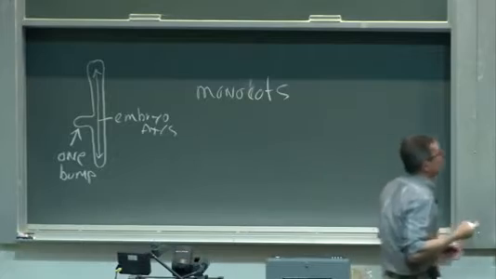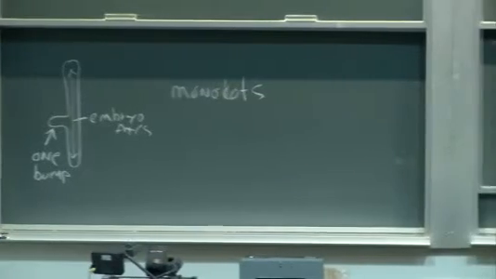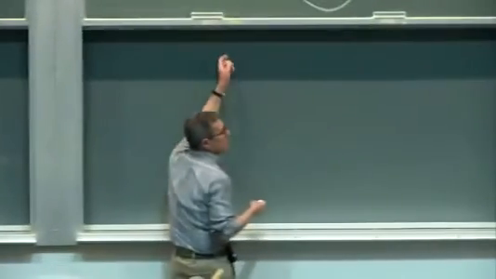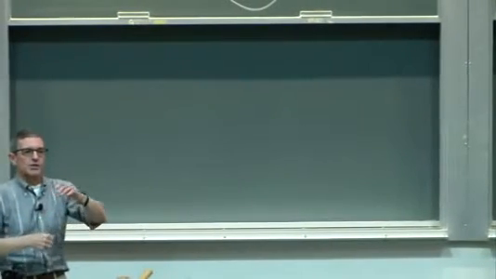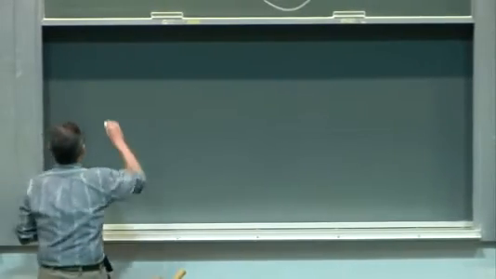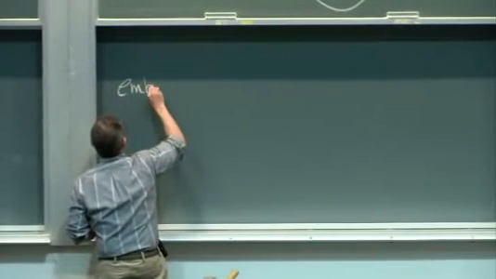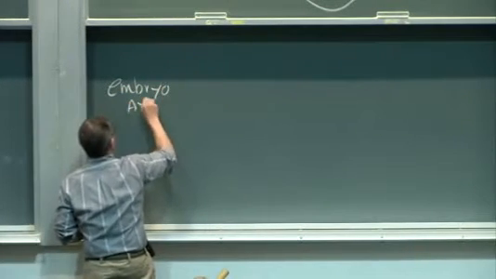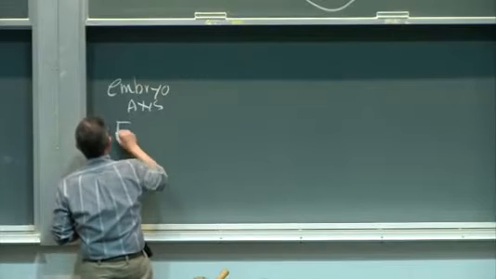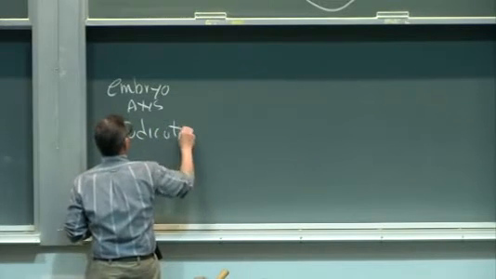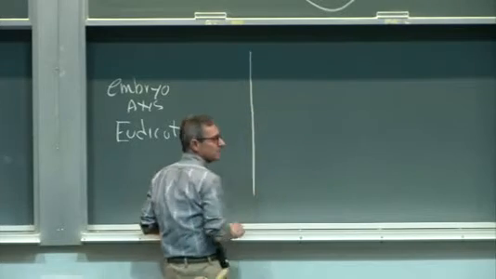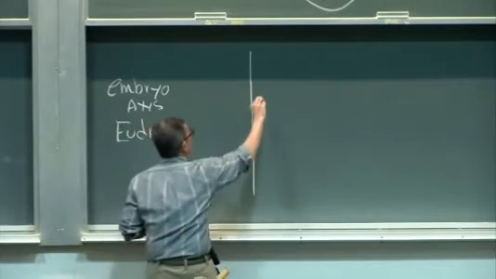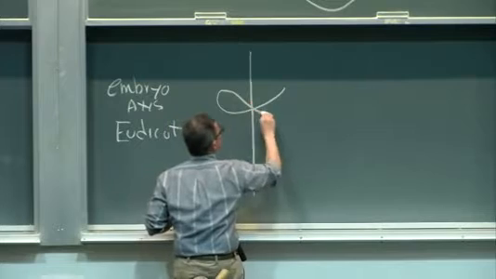Now let's look a little more closely at the embryo axis just before the seed germinates, and we may have to kind of stretch it out a bit. And we're going to draw now the embryo axis, and I'm going to draw a eudicot embryo axis. So here is the axis, and at this point we're going to put on the two cotyledons.